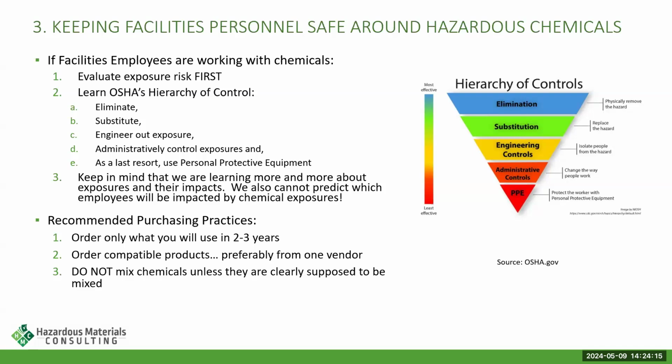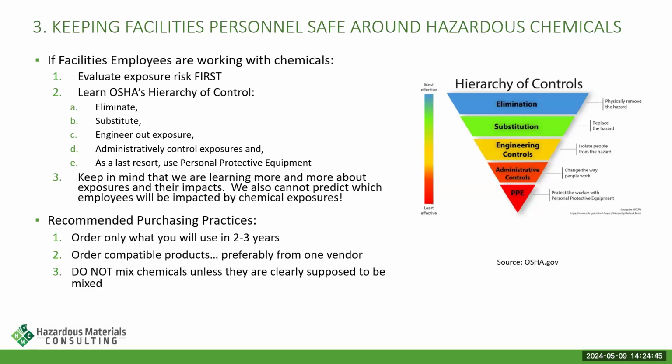By engineering out exposure, what we mean is install a working fume hood, check the fume hood, make sure that the filters have been changed and that it's actually pulling and drawing air at the appropriate rate. Add in additional ventilation to a classroom, like makeup air, to minimize further exposure. Those are engineering methods.